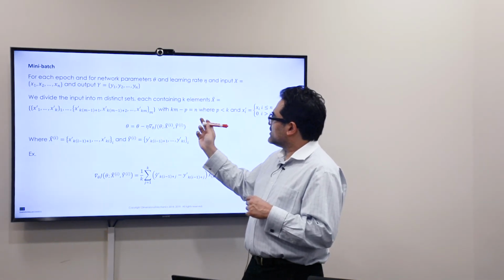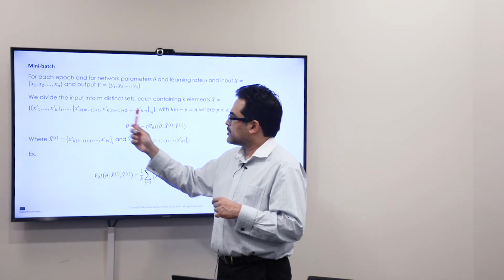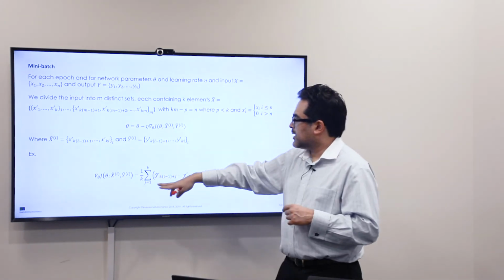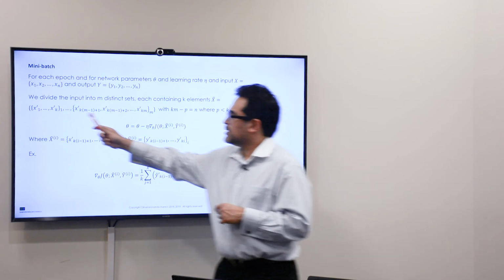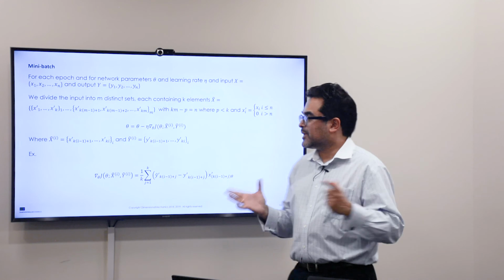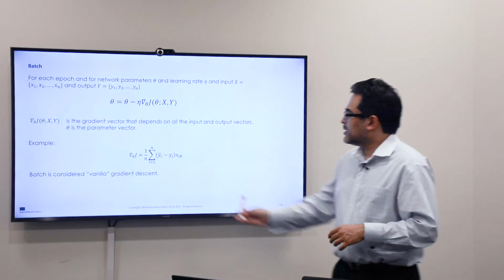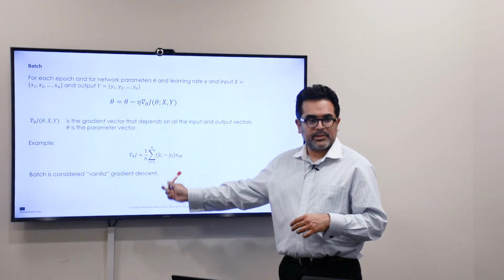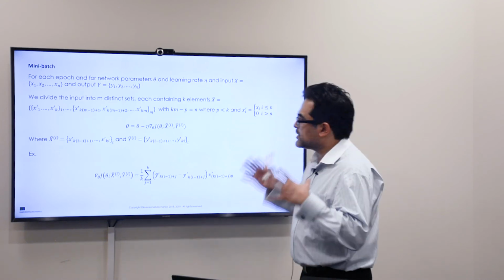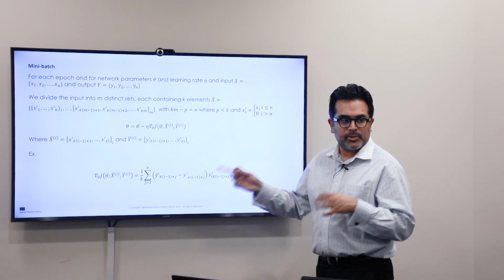Then for every batch, every one of these different inputs, you determine the average within that and then back propagate. It's very similar to the batch method, but instead of taking all of the outputs, I'm dividing the outputs into smaller groups and doing back propagation based on each small group.